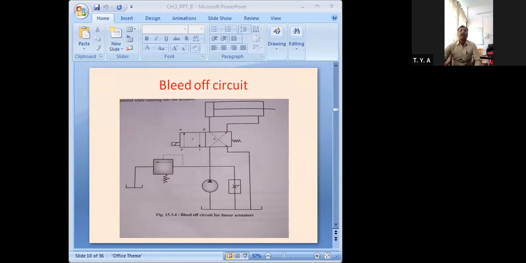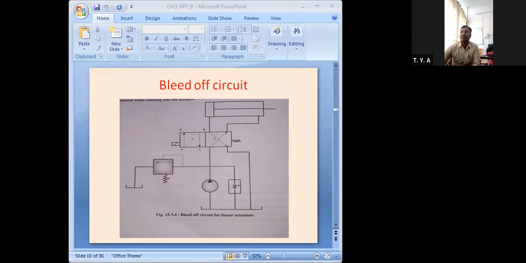Getting it? And during the retraction, what happened? That means the second position, fluid will come from this P to this B directly, and retraction will happen. Getting it? So this is called the bleed off circuit. Bleed off circuit. Okay, very simple.